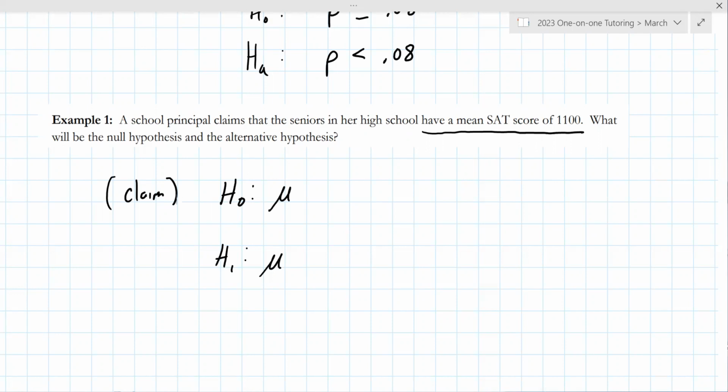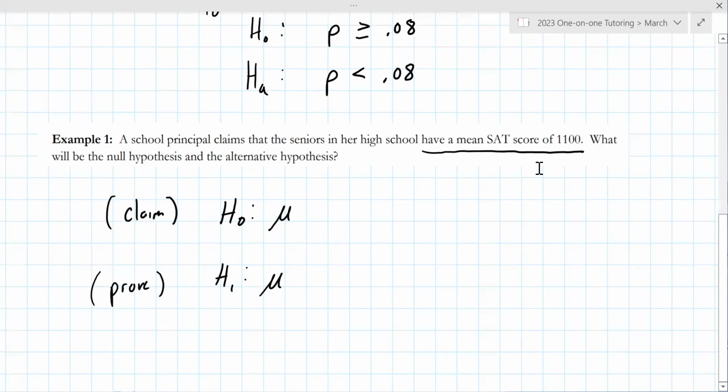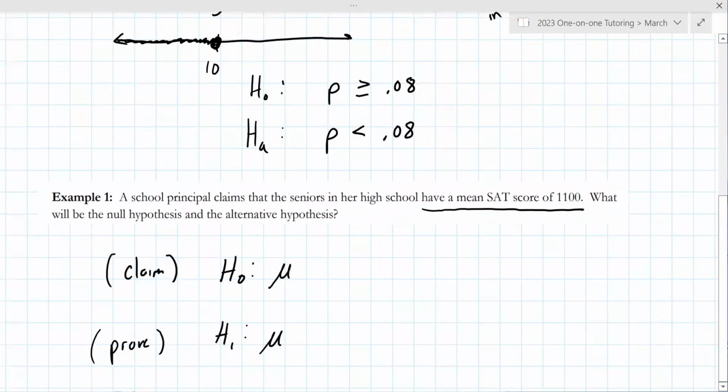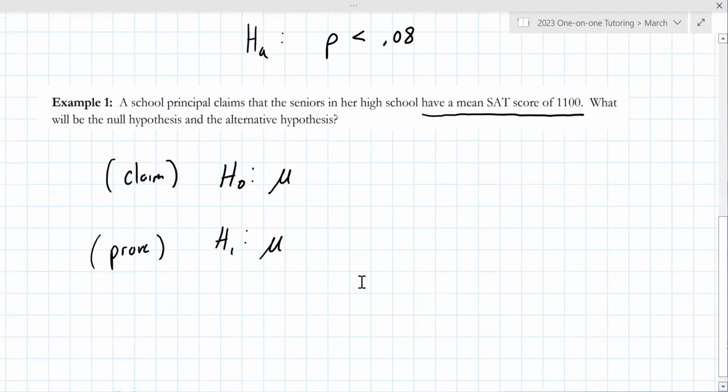So if the claim is in, so think of it this way. If you and I want to come in and prove that it was different than this. So the claim isn't necessarily what, I probably haven't worded this correctly. I see why this is confusing. There's a mixture of language.